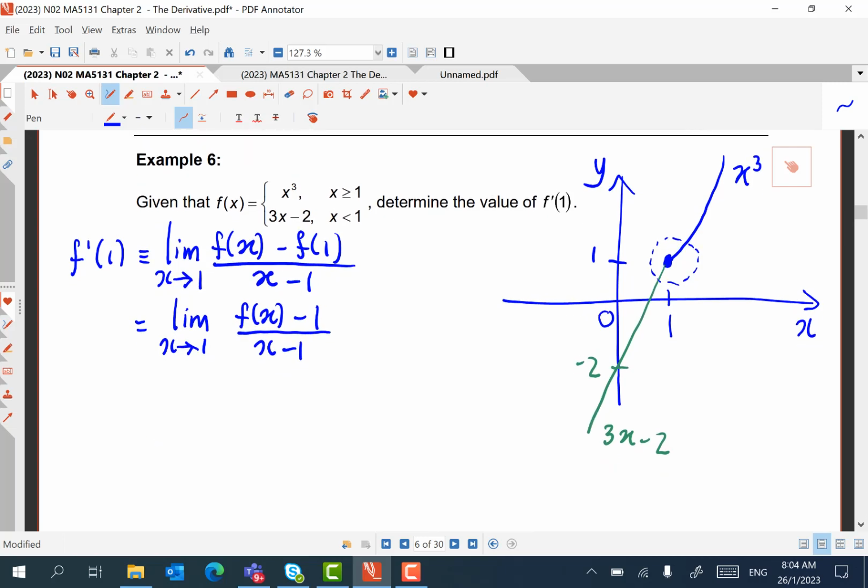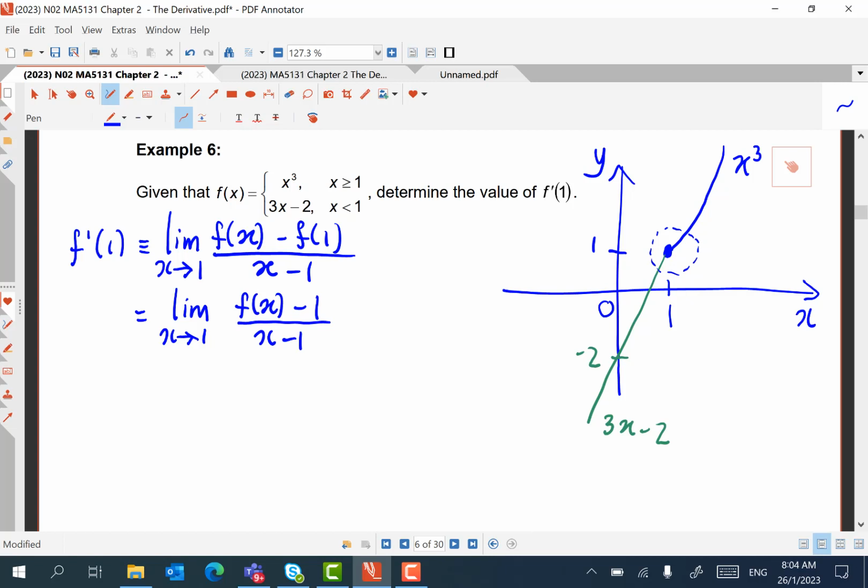But because f(x) is defined differently on the left and on the right of 1, we will now have to find this limit in 2 steps. Yu Tong, what is the first step? Yeah, see, she knows.